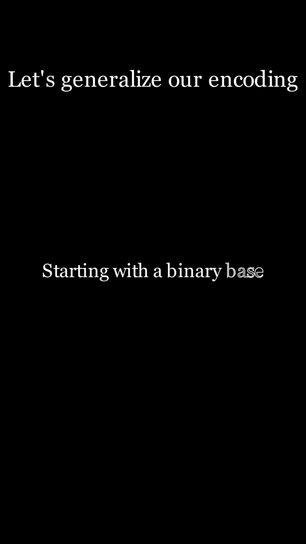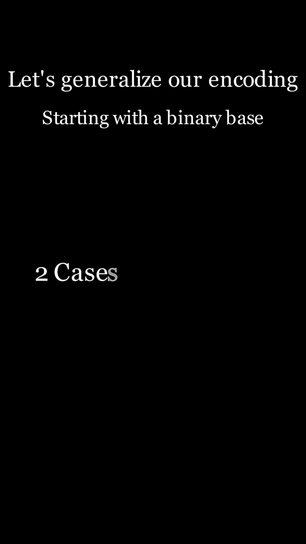To generalize this encoding for any number of cases, we can analyze our previous example. For 2 cases, we needed 1 bit. For 4, we needed 2 bits. And for 8 cases, we would supposedly need 3. You might start to notice that the number of cases is just 2 to the power of how many bits we have.